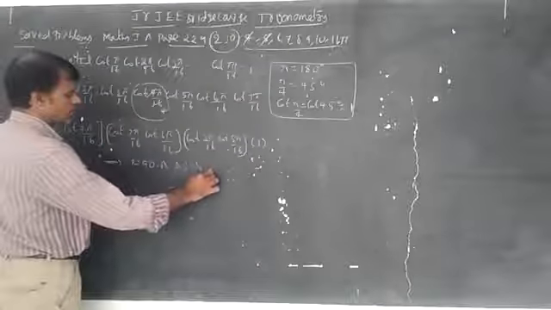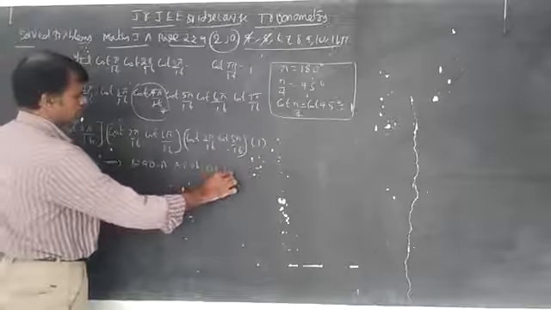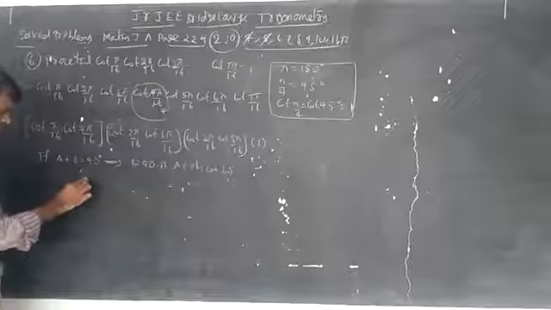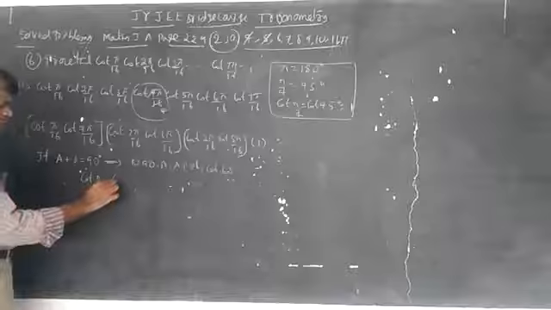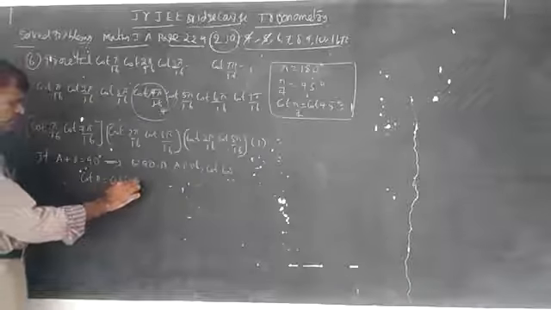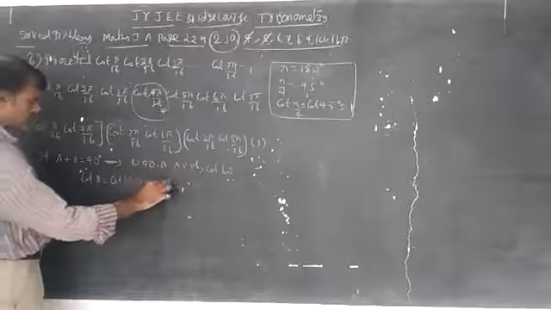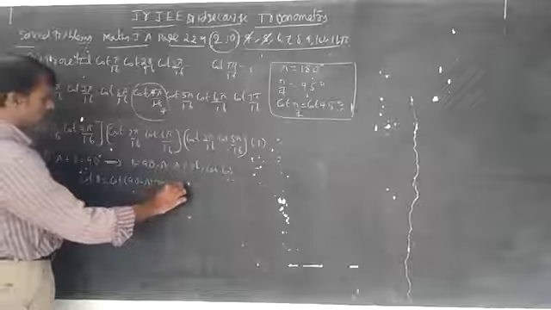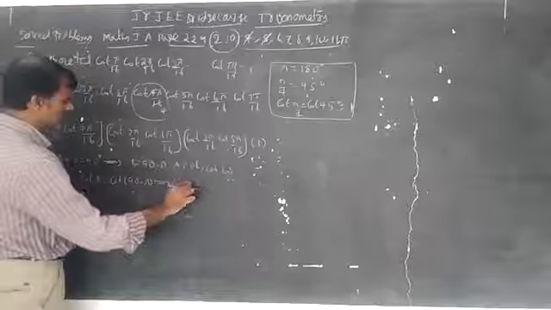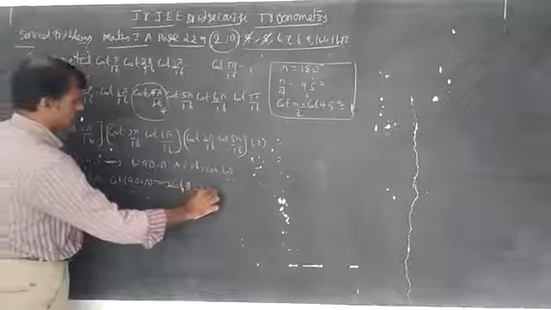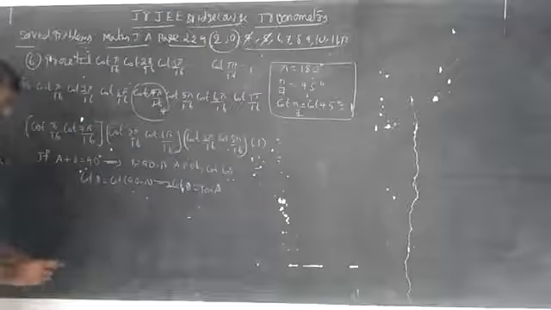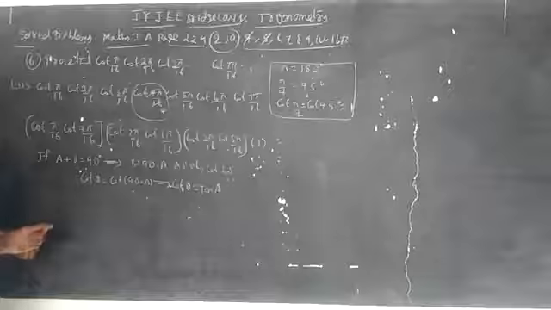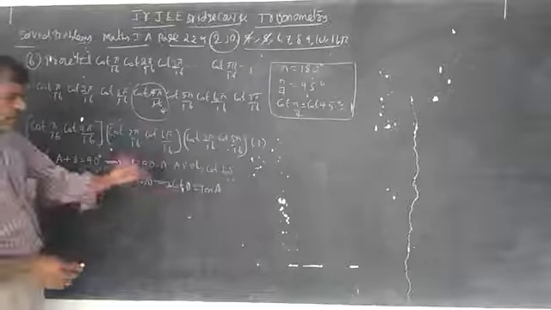Apply cot on both sides. That implies cot b is equal to cot of 90 minus a. That implies cot b is equal to tan a.